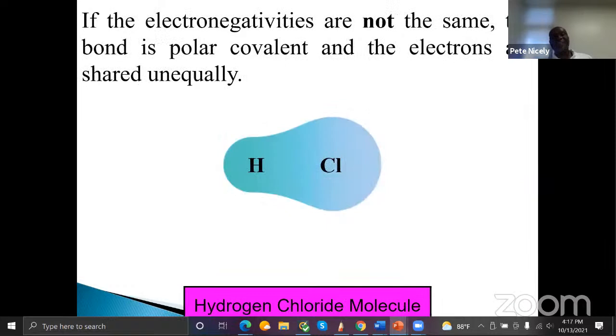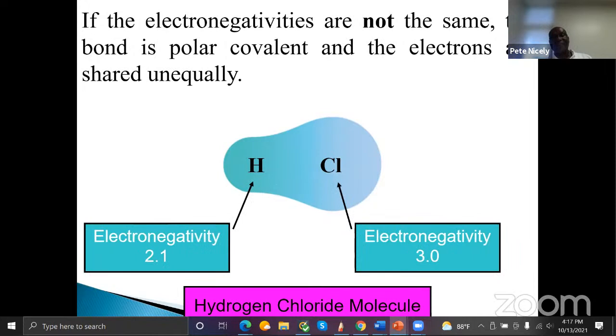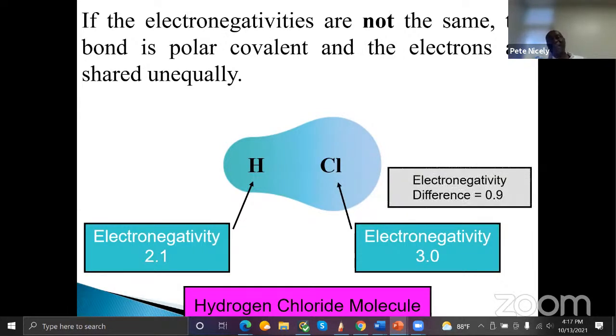Now let's look at the case of hydrogen chloride. That molecule has, of course, two different atoms connected by a bond, and the electronegativities are 3.0 for chlorine, 2.1 for hydrogen. So obviously the difference between them is 0.9, and 0.9 lies within the range I mentioned before, between 0.5 and 1.7.